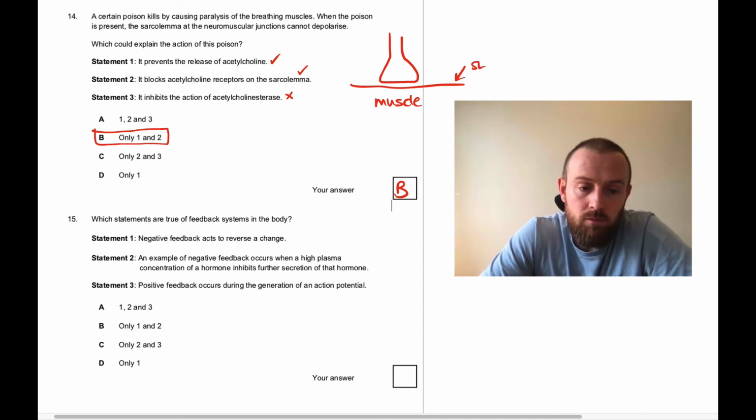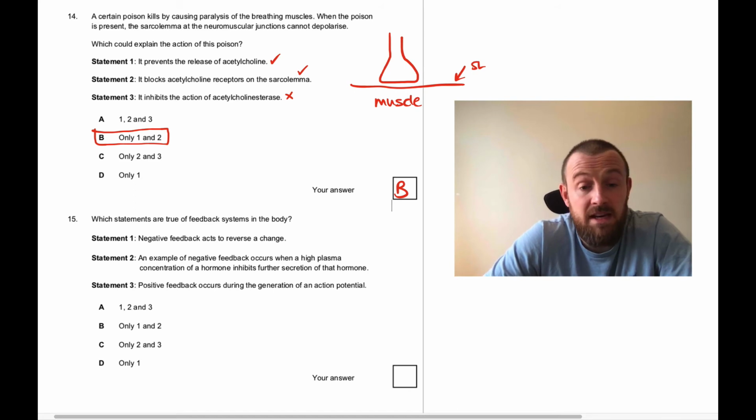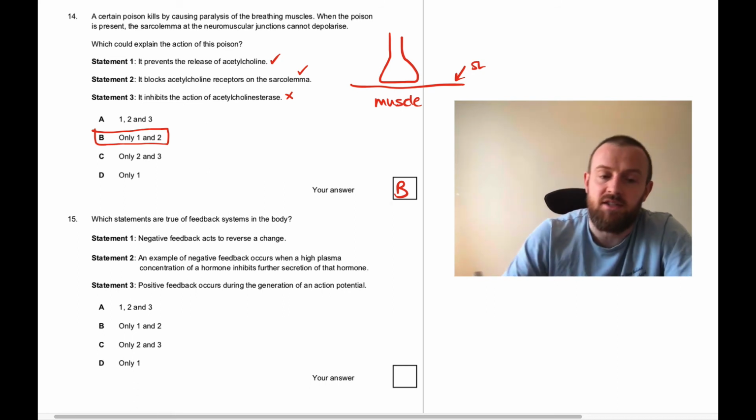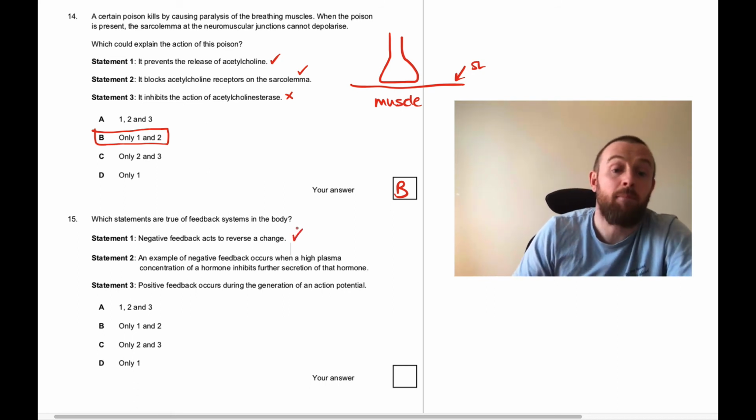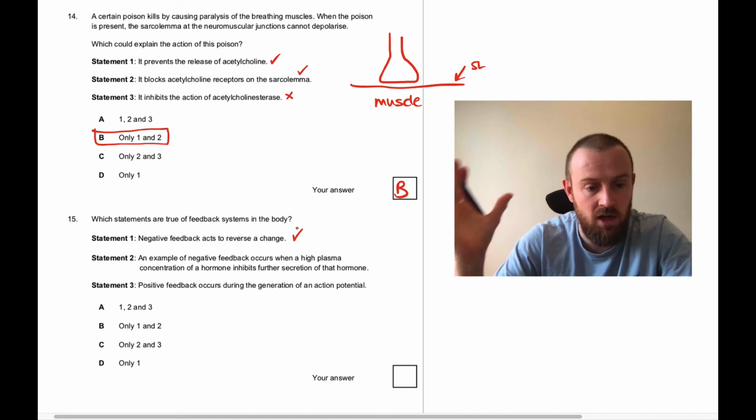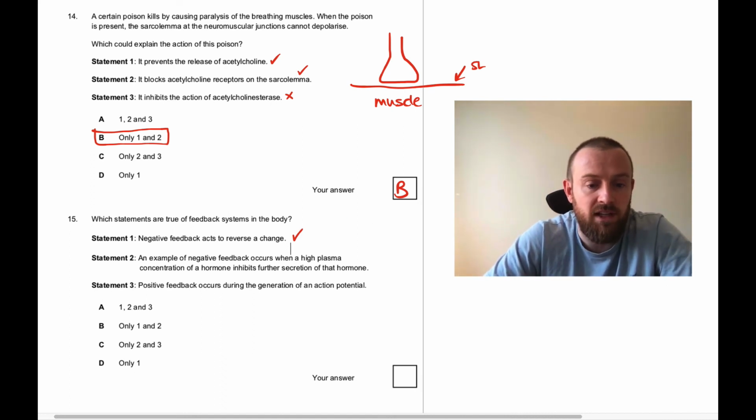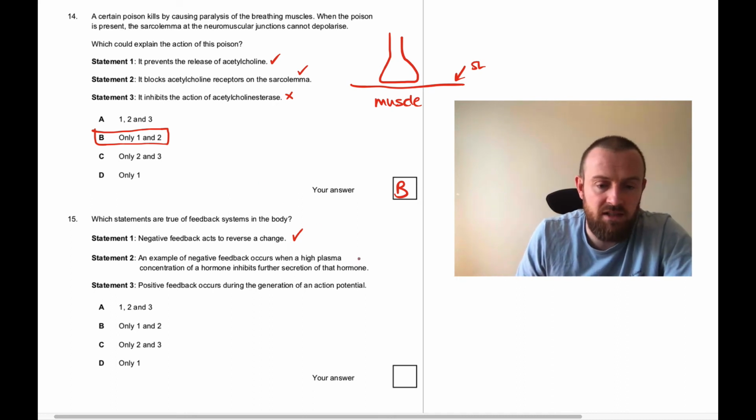15. Which statements are true of feedback systems in the body? Negative feedback acts to reverse a change. Yes, it does. Positive feedback amplifies a change. Negative undoes it. An example of negative feedback occurs when a high plasma concentration of a hormone inhibits further secretion of that hormone. Yes, that does fit the description of negative feedback.